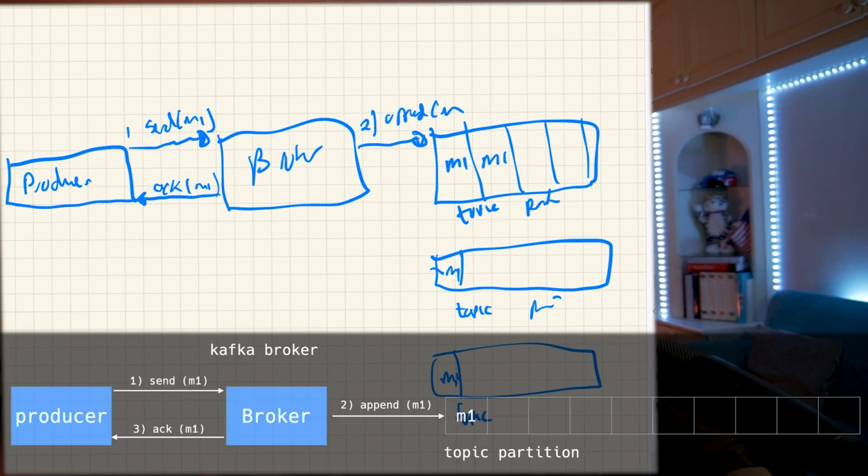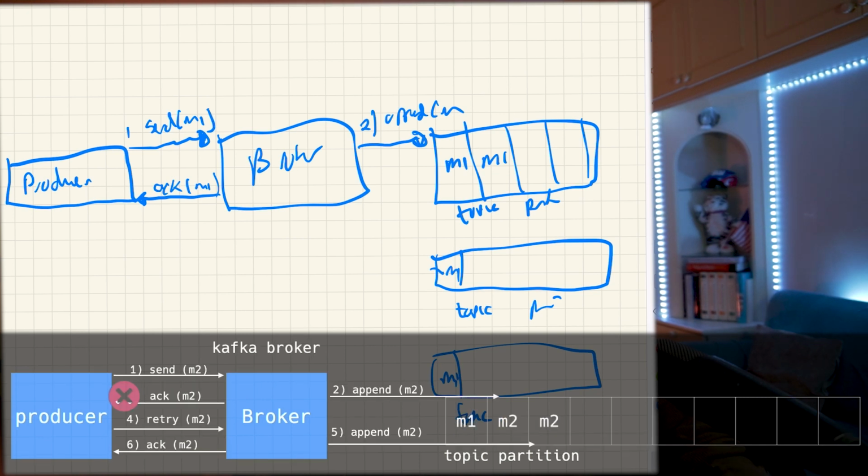So we've drawn that on the iPad, but I'm just going to show that on a fancy graphic here. It's the exact same thing as we said before. We've got this standard flow where we send a message, it goes to the broker, and the broker appends it on the topic partition, and the producer is expecting that acknowledgement message. And again, let's re-show the scenario of how we end up with message duplication.